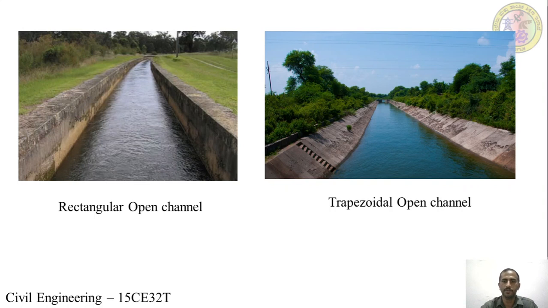Lining is a protection work on either side and at the bed to prevent the seepage loss. These lining materials for open channels are usually made of concrete, precast slabs, stone slabs or cement.